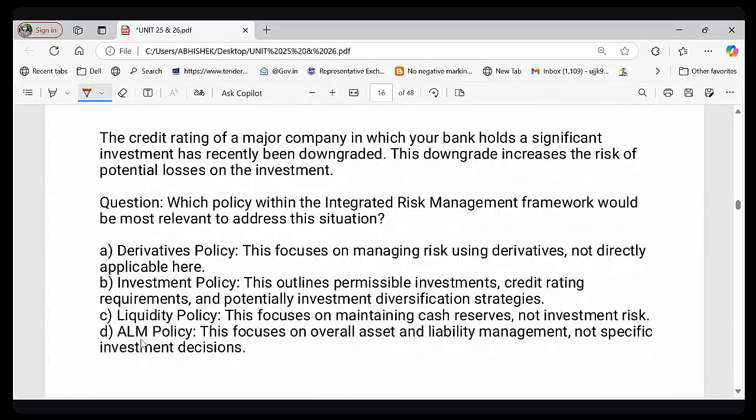Option C, liquidity policy. Or option D, ALM policy. These are the four kinds of policy. What do you think? Is it A, B, C, or D?